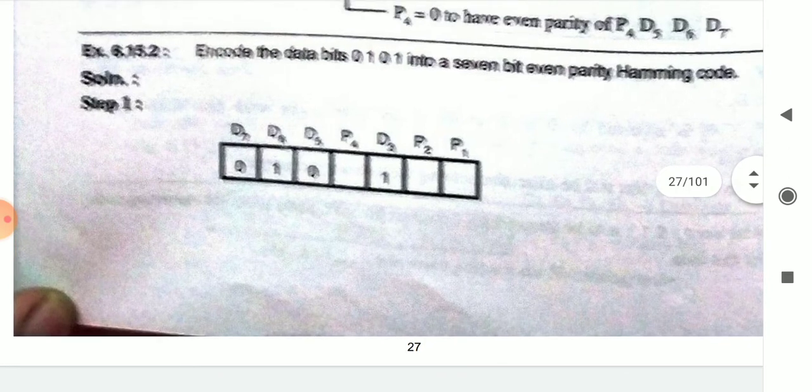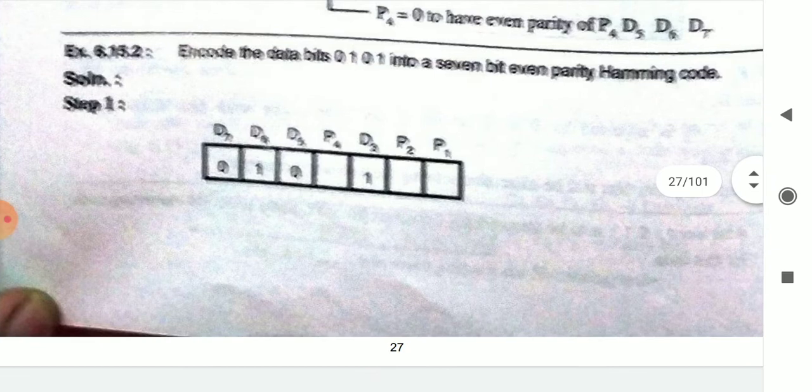See here is an example. Encode the data bits 0 1 0 1 into a 7-bit even parity Hamming code. Then we have to make 7 blocks here, 1 2 3 4 5 6 7, and d1 d2 d3 up to d4, and we have to encode the data bits 0 1 0 1.